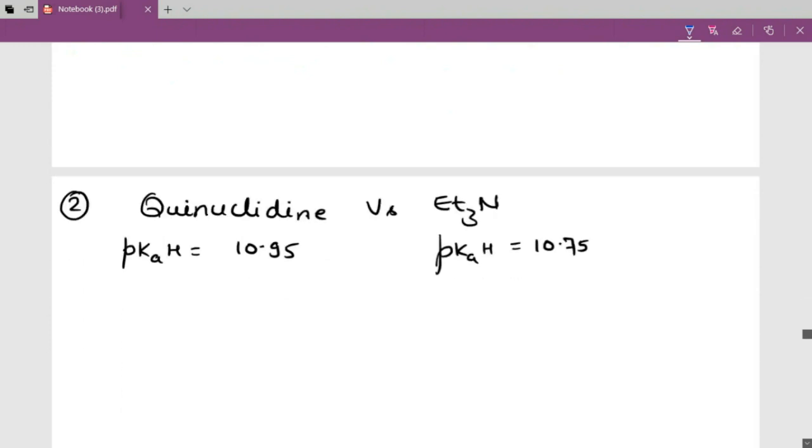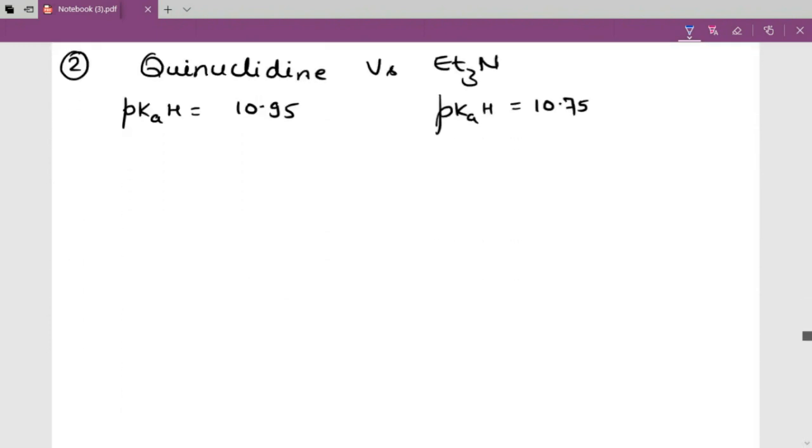As I told you, flipping can affect quinuclidine. In quinuclidine, the nitrogen is present at the bridgehead. In Et3N, the nitrogen is present like this, and flipping can take place.